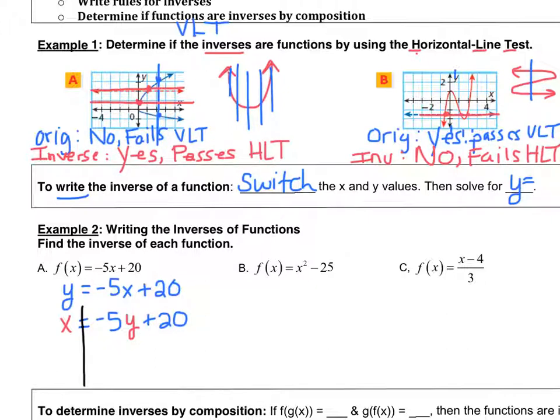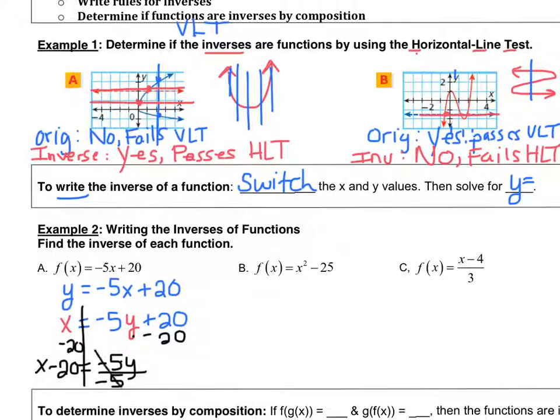So the y's right there. Let's get rid of the 20 by subtracting it. So we're going to have x minus 20 equals negative 5y. And then to separate the negative 5 and the y that are times together, we'll have to divide everything by negative 5.